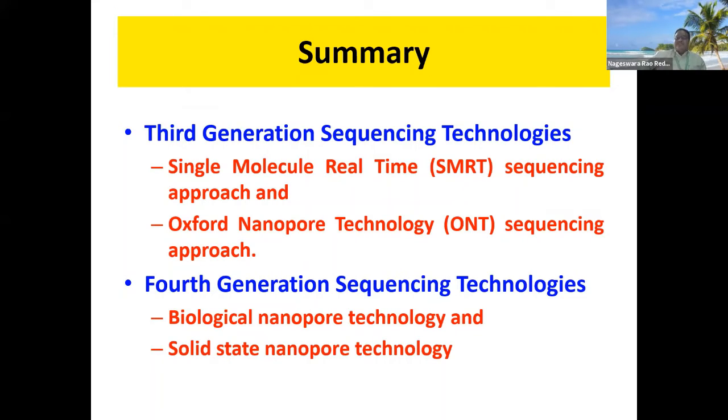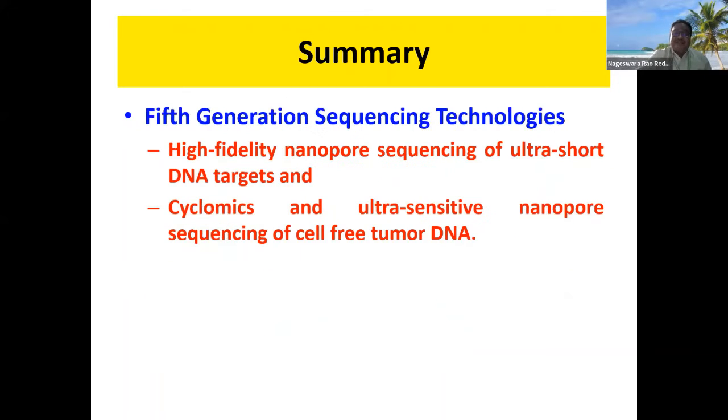In fourth generation, we have seen biological nanopore sequencing and solid-state nanopore sequencing technologies. And in the fifth generation, we have seen high fidelity nanopore sequencing of ultra short DNA and cyclic, and ultra sensitive nanopore sequencing of cell-free tumor DNA. So this is what we have learned.